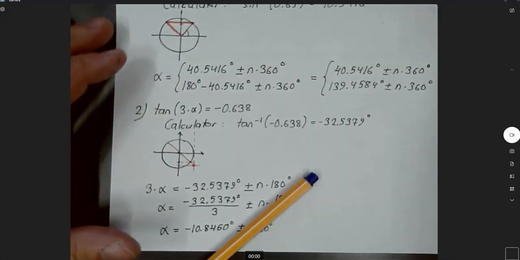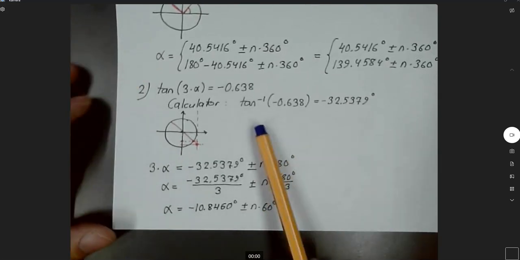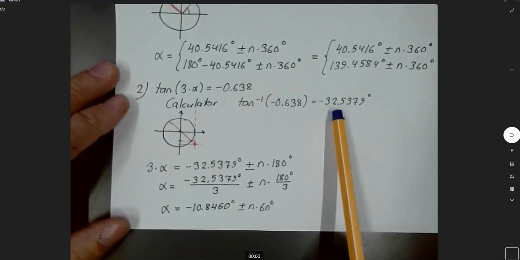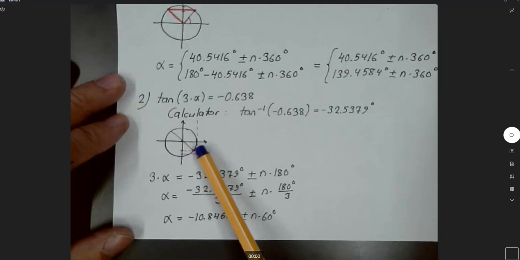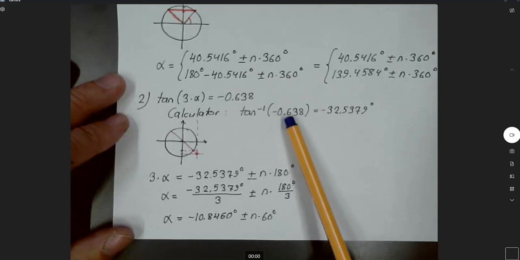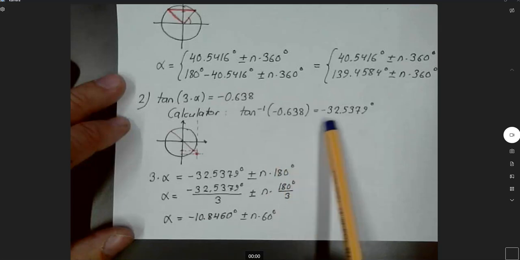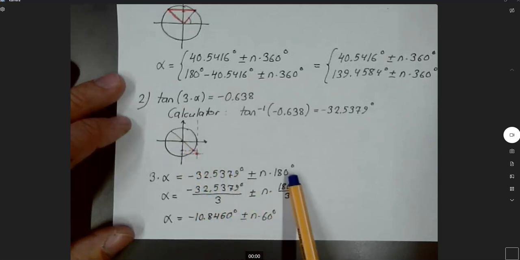And then this tangent equation, the same holds. We find from the calculator the value of minus 32 degrees, and from this small unit circle picture we can see that there are two possibilities to find the tangent value of minus 0.6, and so the period of tangent is 180 degrees.